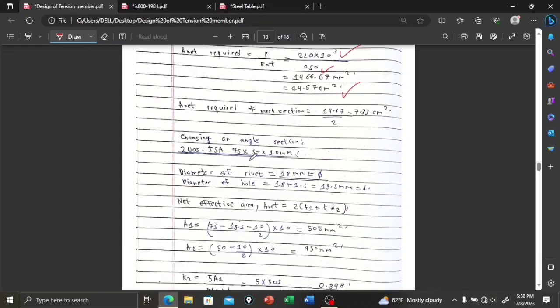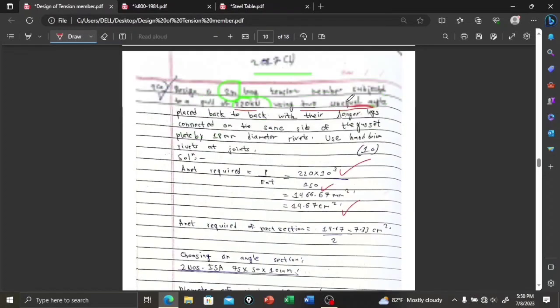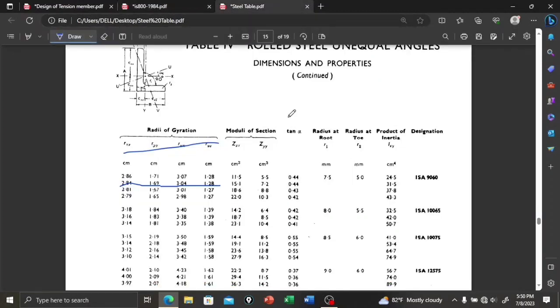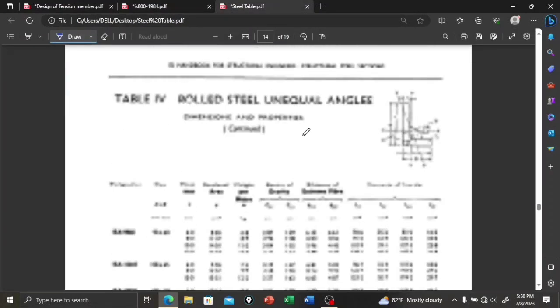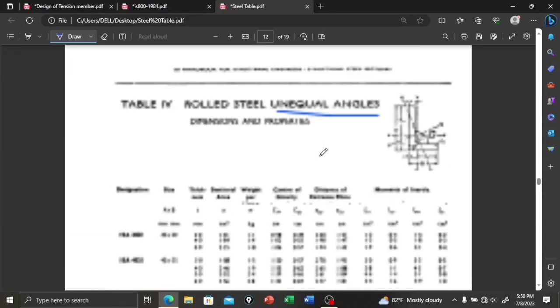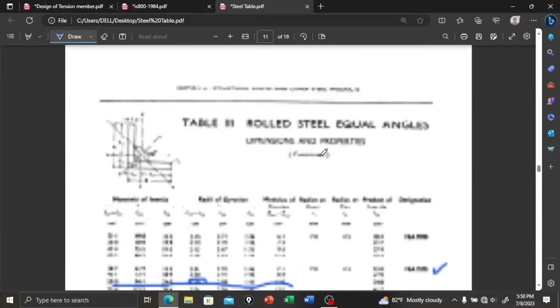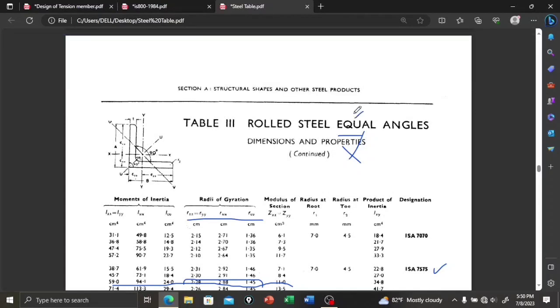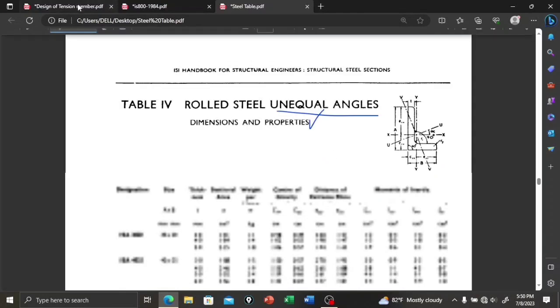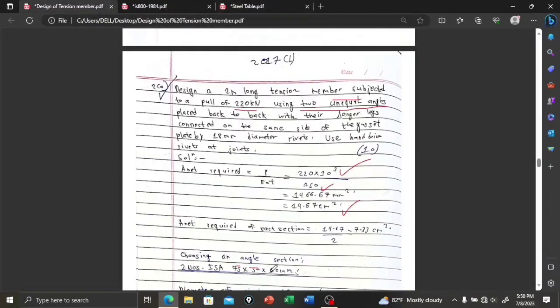So we choose 75, 50, 10 because it is unequal, so this should not be equal to this. 75, 50, 10 unequal. This is unequal, this is also unequal, this is also unequal, this is equal, so in unequal we choose 75, 50, 10.